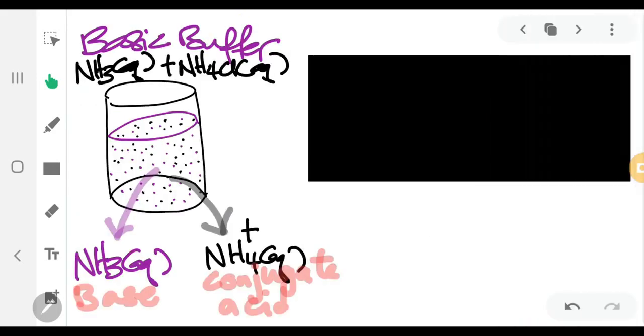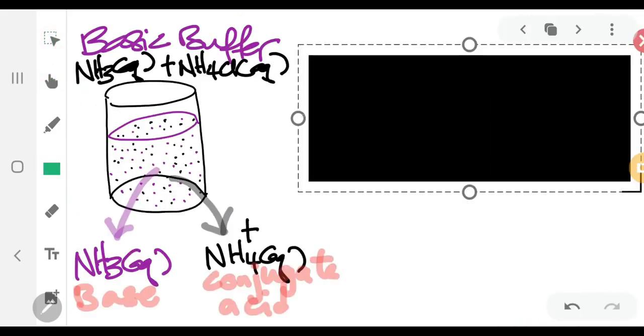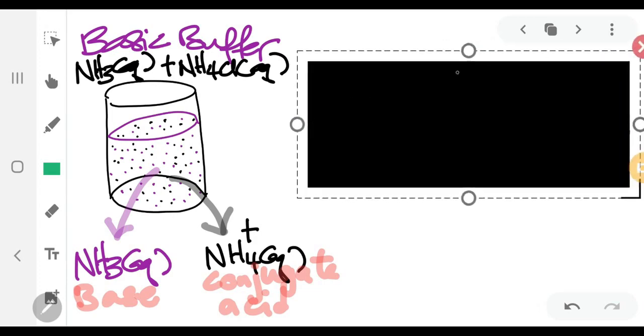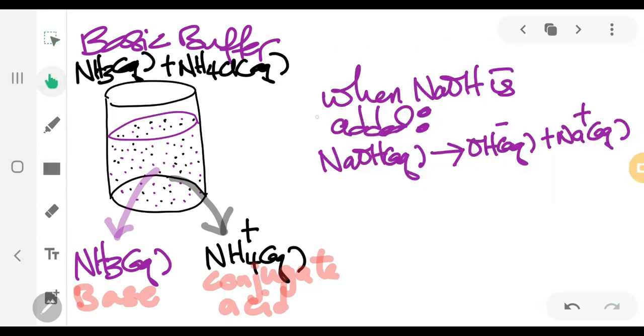Next, we're going to be thinking about adding NaOH. For sure, we are going to be adding OH minus into your buffer solution. So this is the basic buffer solution that we have been using since question number 1.